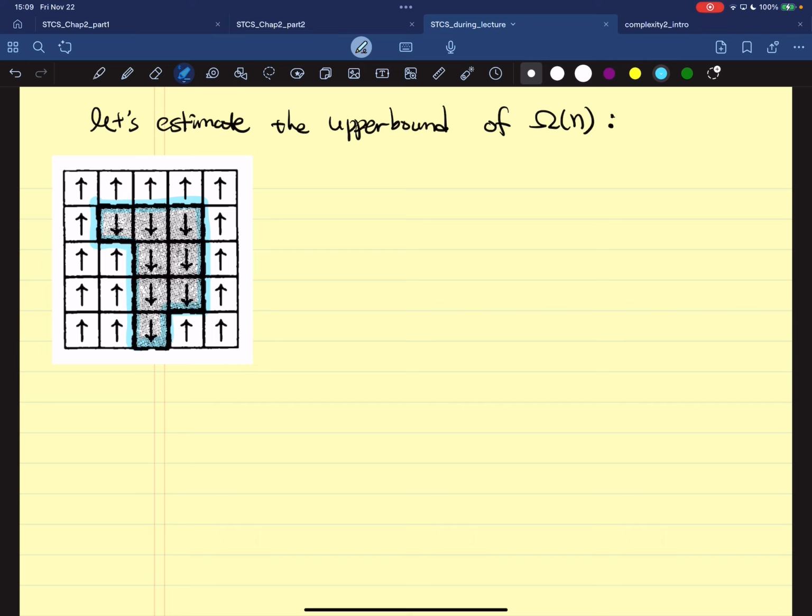If you look at this boundary, suppose you start from here and walk by following the path here, like this.